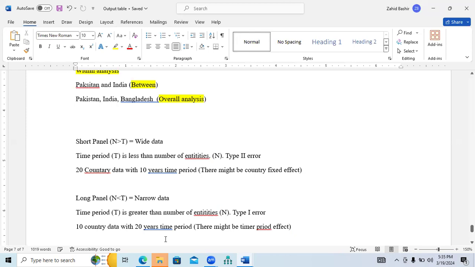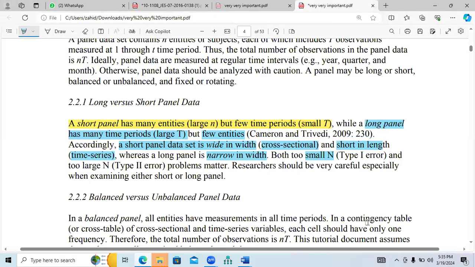So researchers should be very careful, especially when examining either short or long panel. This is the first thing that you need to remember, because when we analyze the data, we need to understand first whether our panel is long or short, because there is something very serious to understand before analyzing the data.